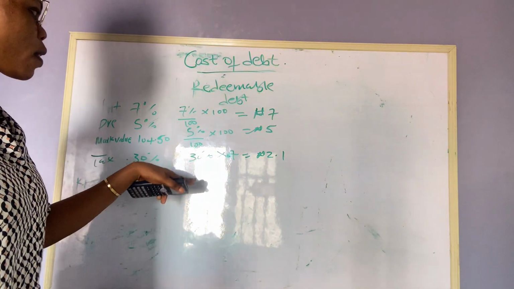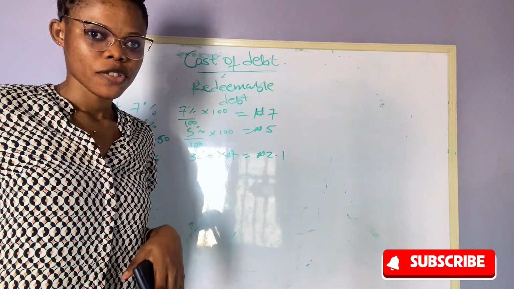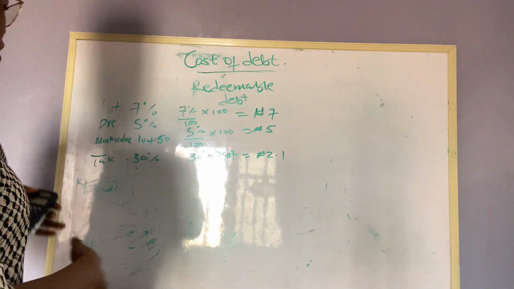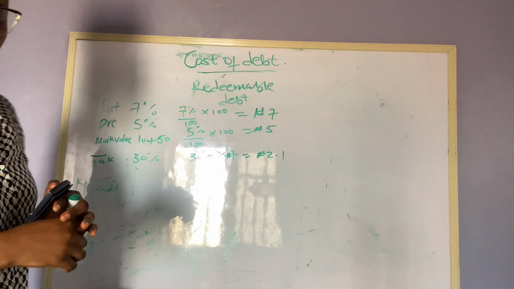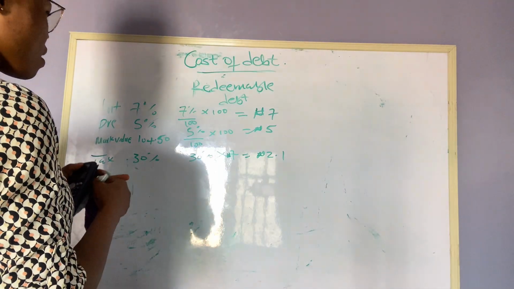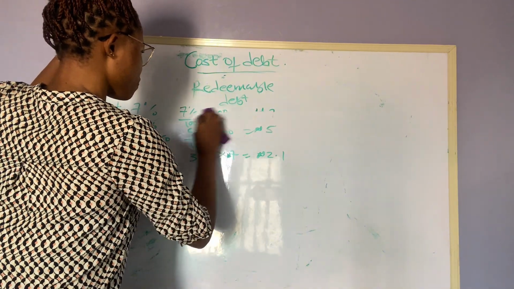That means the company had a tax relief of 2.1 naira for this 7 naira annual interest. So this is what we need. Now we want to compute our table.